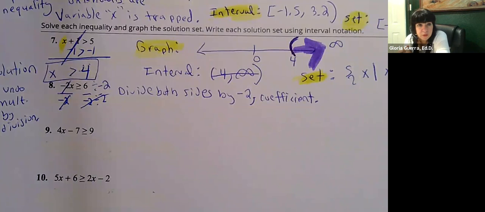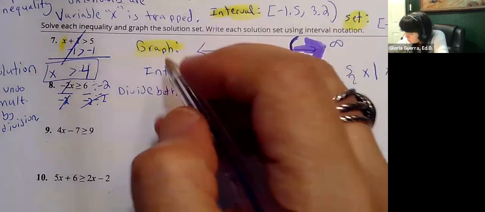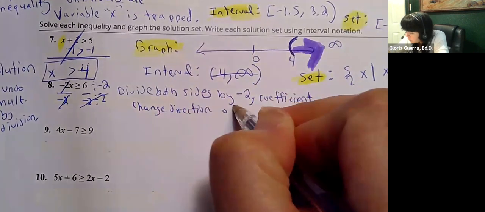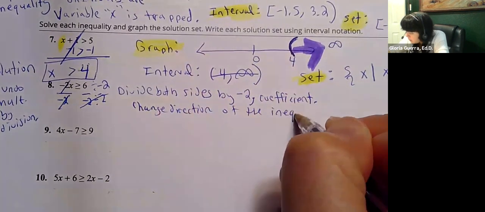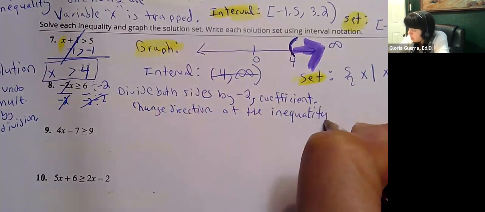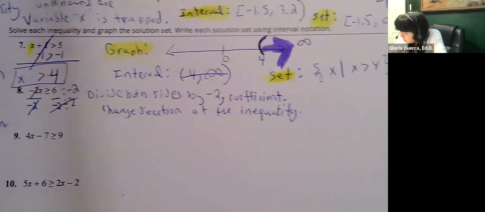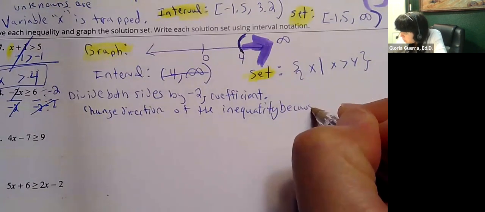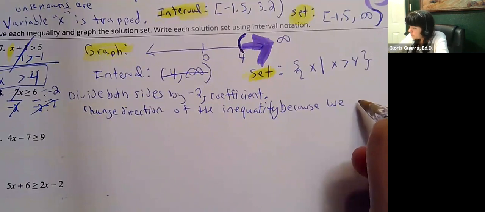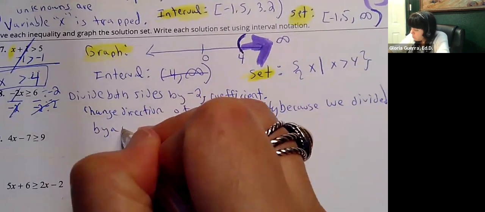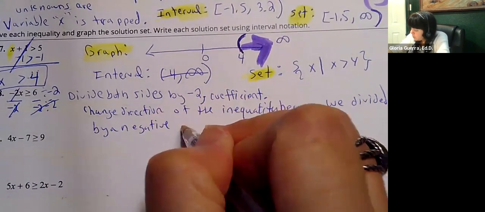Sorry. So let's see. Divide both sides by -2, which is the coefficient. And then you're going to have to change the direction of the inequality. And why would you do that? Because we divided by a negative coefficient.